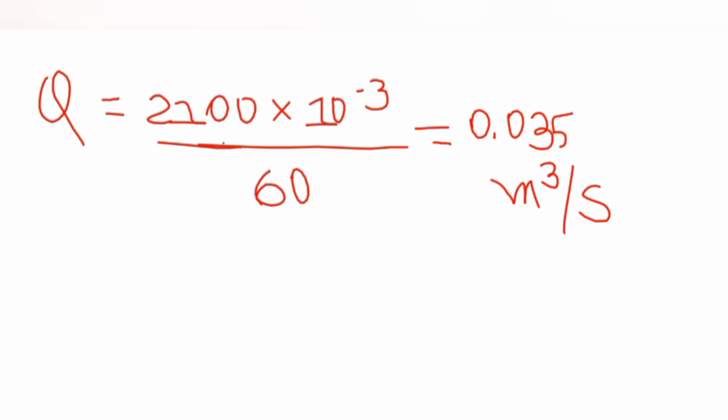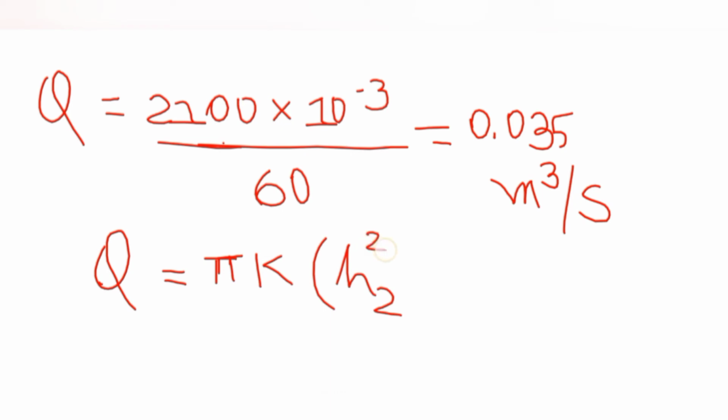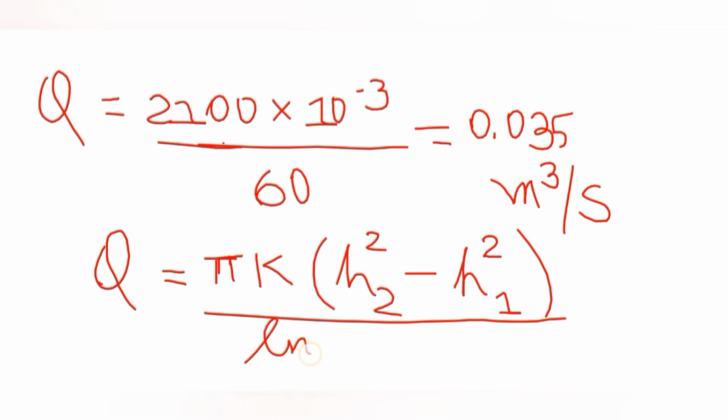Then for steady state flow to wells in unconfined aquifer, Q is equal to pi k (H2 square minus H1 square) divided by ln R2 by R1.